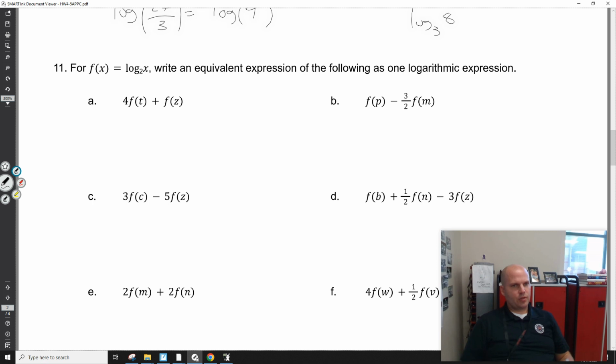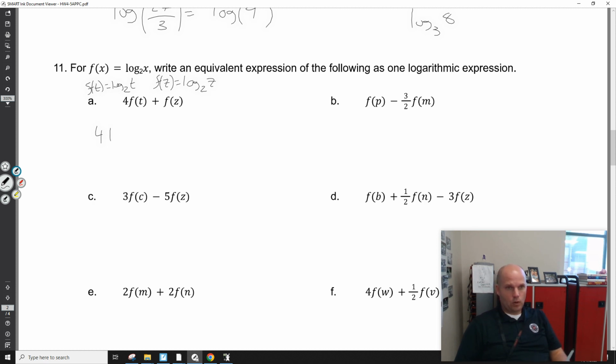Other ways to test you on things is not with numbers. So here we have f of x is equal to log base 2 of x. I'm using f of t and f of z. So let's just write what f of t would be. F of t would be log base 2 of t. What would f of z be? I'm not trying to make this complicated on you. We're just going to rewrite it.